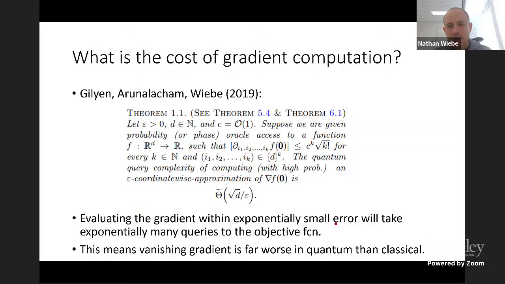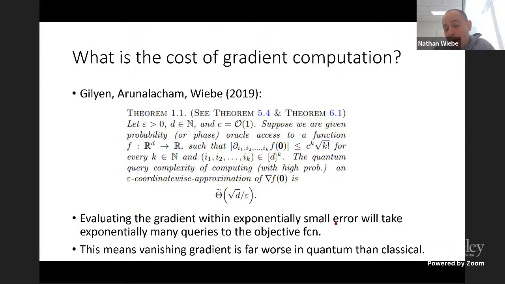However, for quantum neural networks, if we wanted to compute the gradient of a function of the type we were talking about before, which would be something like an expectation value of an observable, we find that under the assumption that our function is from the special class known as a Gevrey class, then the number of accesses to this function that we would need in order to evaluate the gradient is lower bounded by something that scales like 1/epsilon.